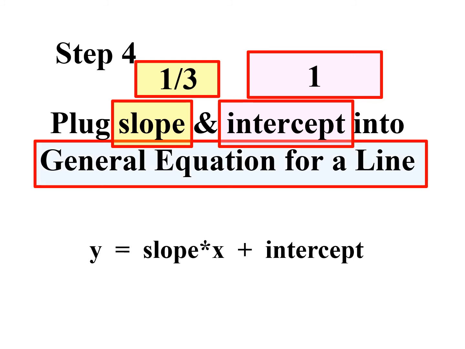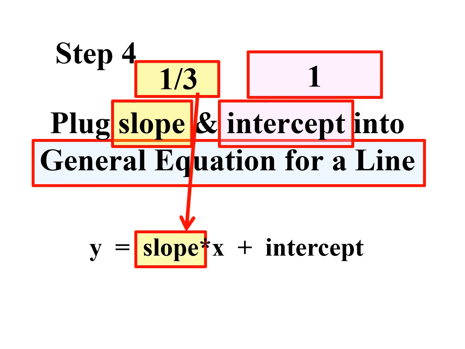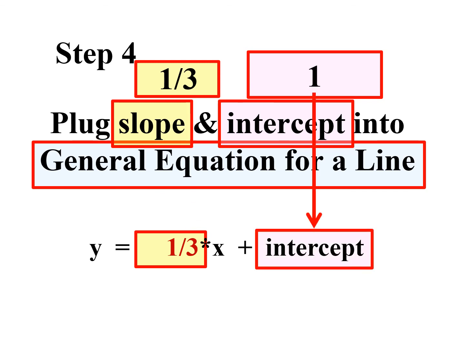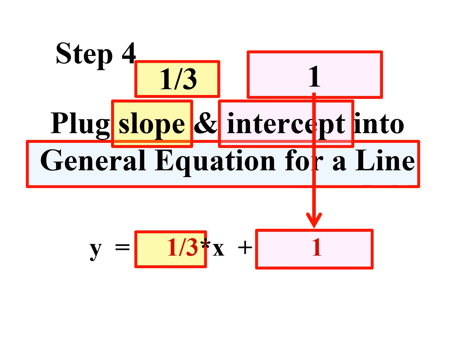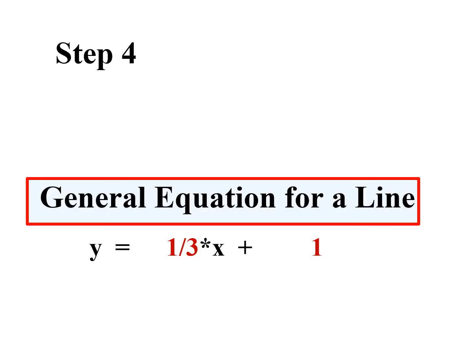Y is equal to slope times x plus the intercept. The slope is 1/3, so we can substitute that value in there. The intercept is 1, so we can substitute 1 in for the intercept. And now we have this equation. Y is equal to 1/3 times x plus 1.